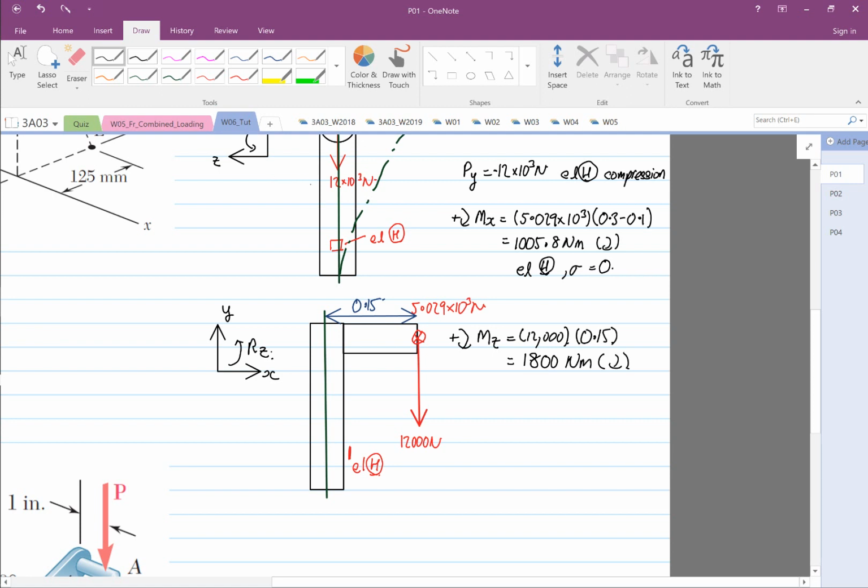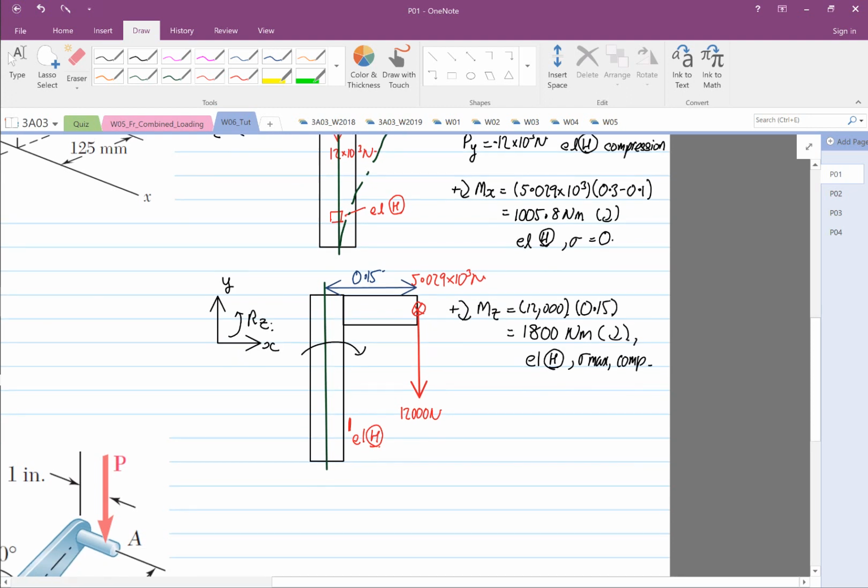And so this is to the neutral axis. Why to the neutral axis? Before I go on, we are also going to declare the element H, because the moment going this way is going to give maximum compressive stress. If you look at how the structure deforms, it will bend this way. Now, why do we take it to the neutral axis?